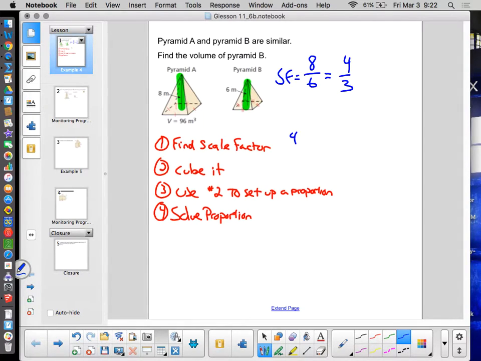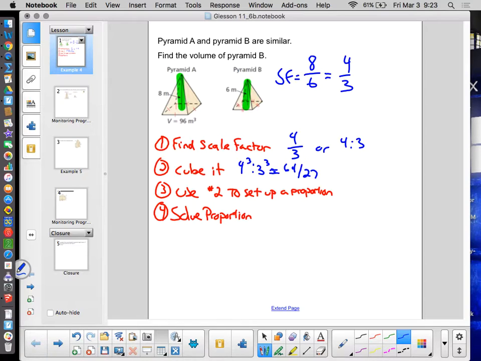Okay, so the scale factor is 4 to 3. Either way, I cube it. So I got to do 4 cubed to 3 cubed, which is 64 to 27. A little bit bigger numbers, but that's okay.